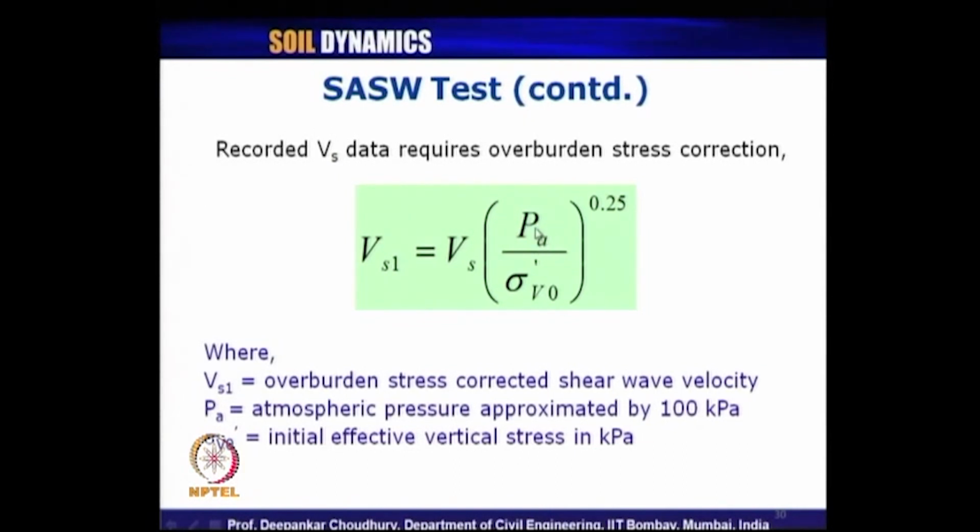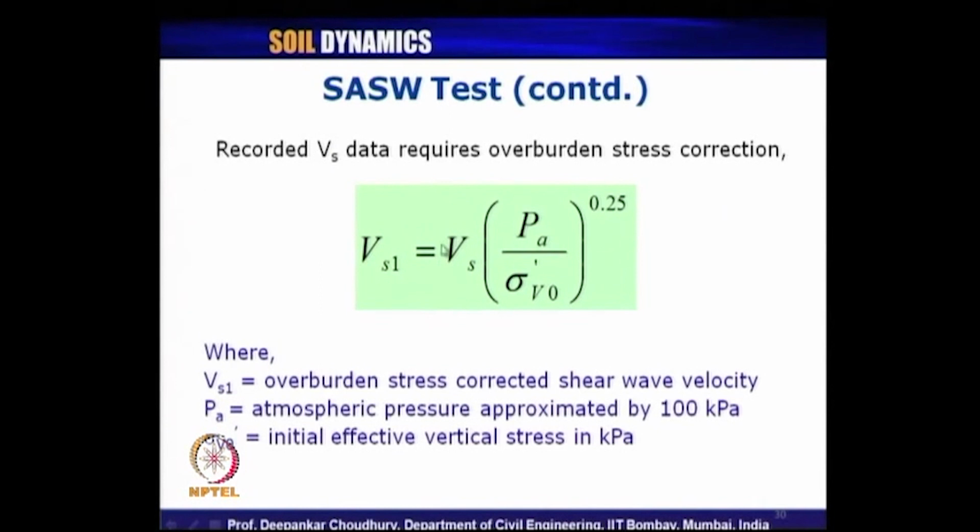So, do not forget that if you use this as 1, that is 1 atmospheric pressure, then convert the unit of effective vertical stress also to atmospheric pressure unit. That is, the units of them must be the same, so that the dimensional consistency is maintained.